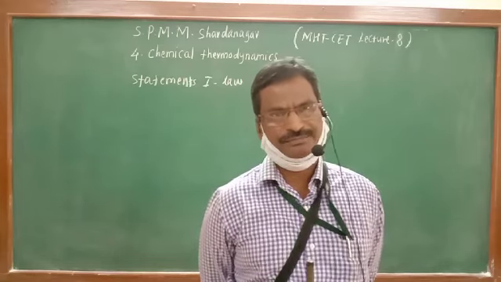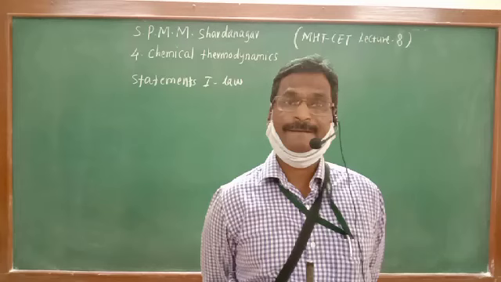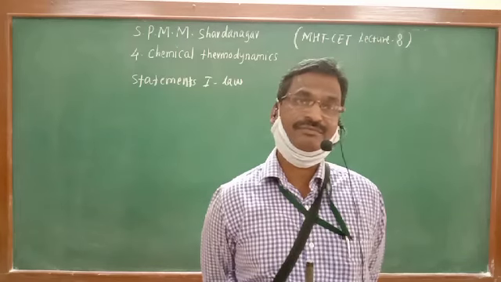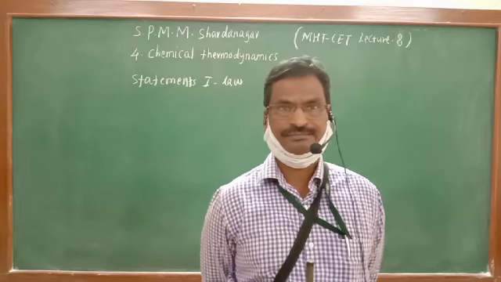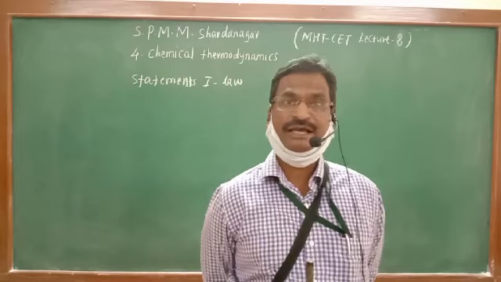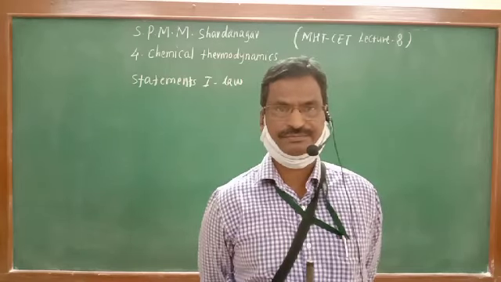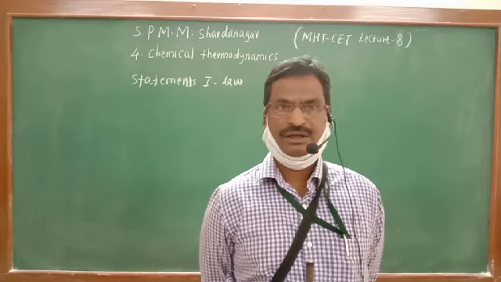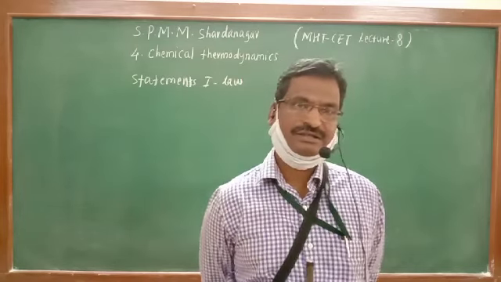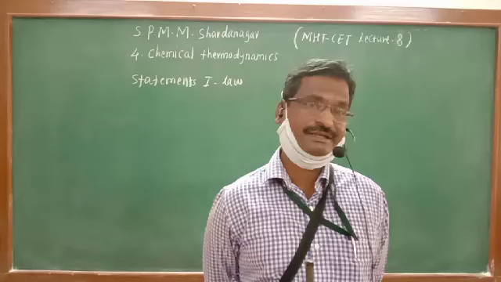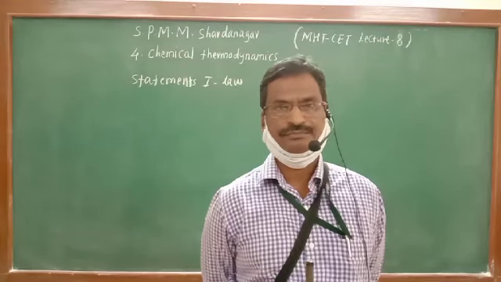Secondly, we have studied that the energy of an isolated system remains constant. Third, the energy of the universe remains constant. Those are certain statements of the first law of thermodynamics we have studied.